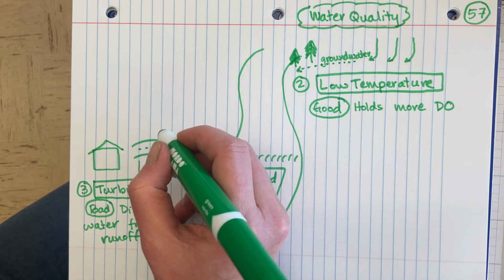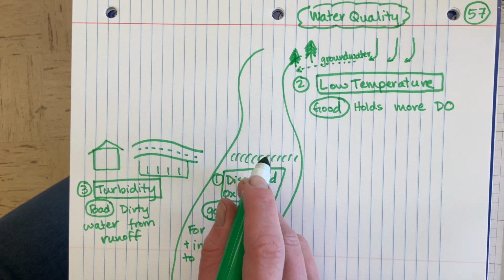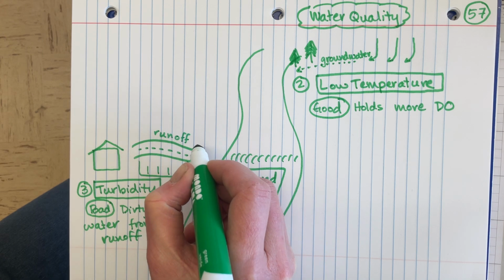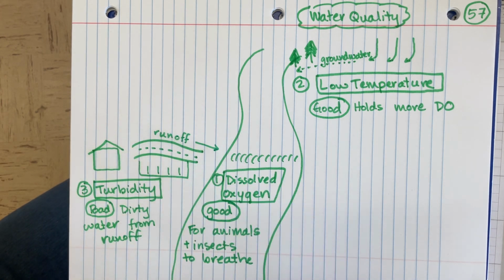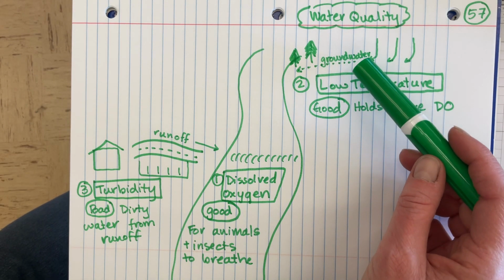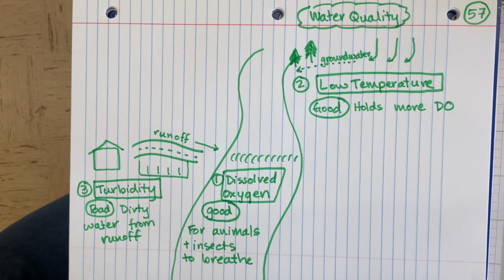Instead, it runs off straight to the creek. So we'll say runoff. And that makes more water go to the creek faster, can increase flooding, and it brings the pollution that might be found on streets and roads and buildings with it into the river. Whereas groundwater, the soil tends to filter out the pollution before the water gets to the river or the creek.